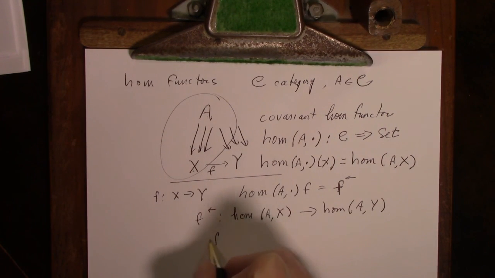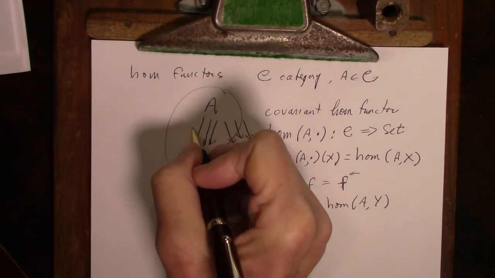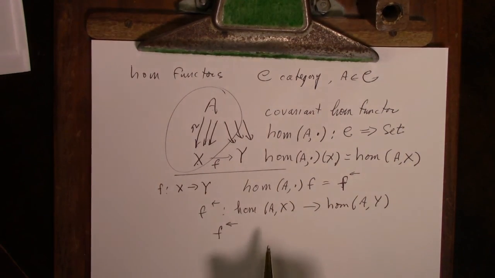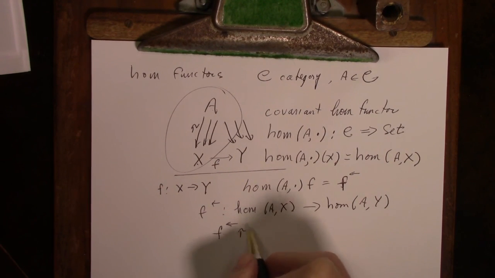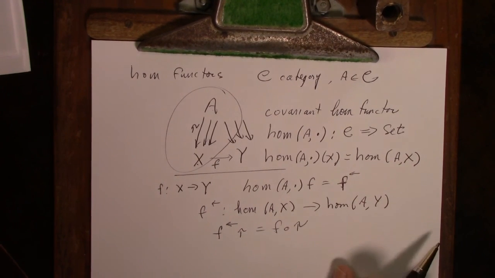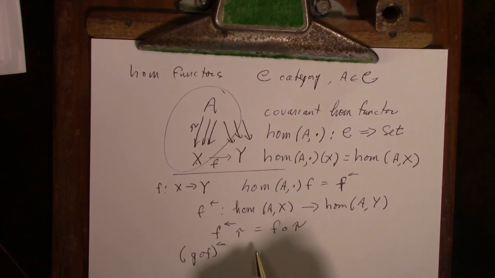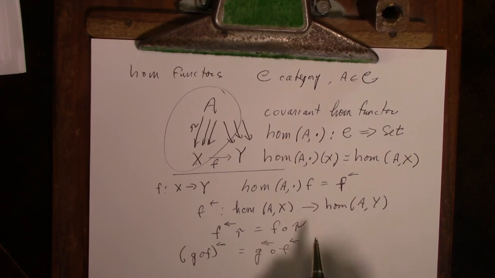And it's defined by F back arrow. Here's a morphism there, member of the Hom set. Tau is simply F circle tau. This is covariant because G circle F back arrow is G back arrow circle F back arrow. Okay.